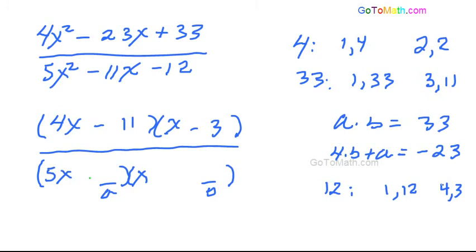Actually, let's just look at this here. 5 times 4 is 20. We've got to do a negative 11 here. 25 times 20 and 3, 23. No. Let's see.